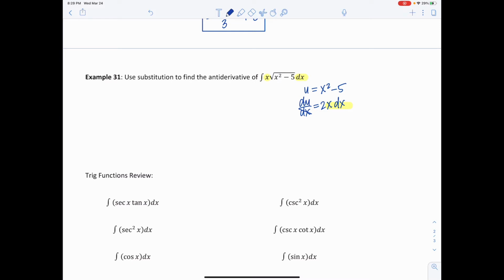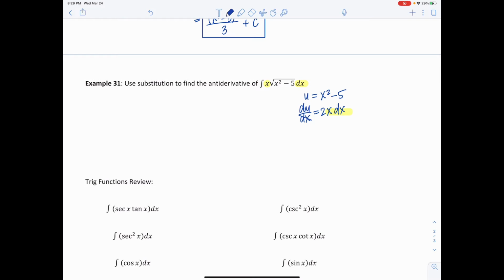If I divide by 2 on both sides, I'm going to write it as a 1/2 dx. So when I replace the x and the dx with du, I'm actually going to replace it with a 1/2 du.